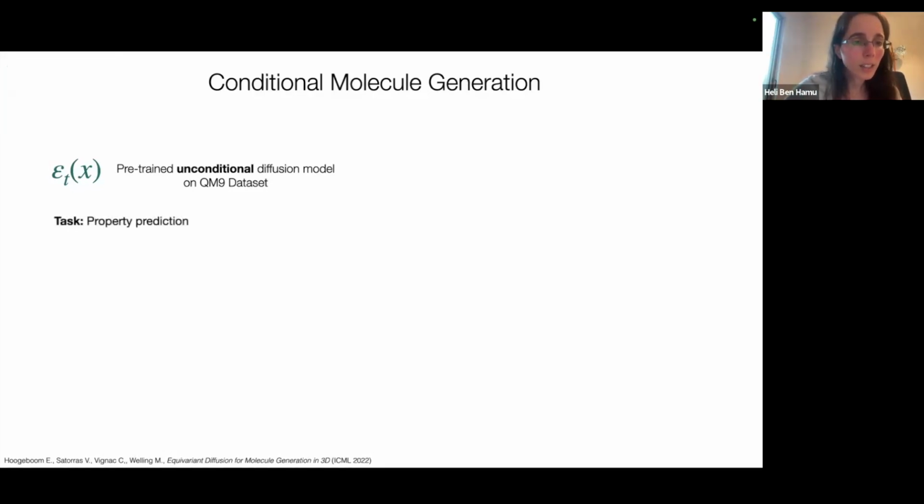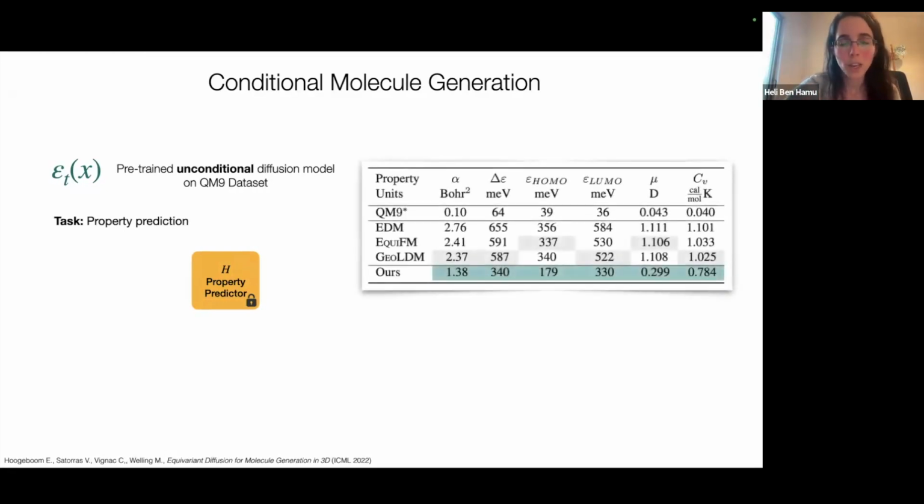The task that we wanted to solve here was property prediction. So we had a property predictor, and this was our forward operator, or H. It was a neural network trained to predict the properties. And you can see here that we have been able to beat the state of the art by a large margin.